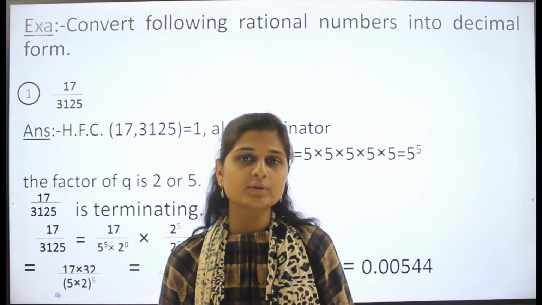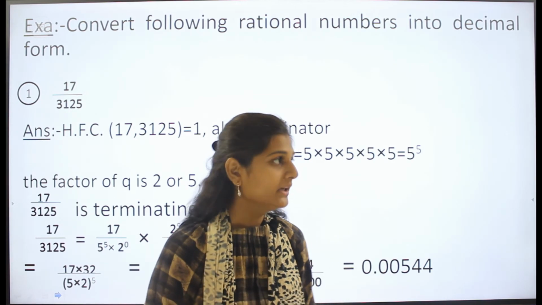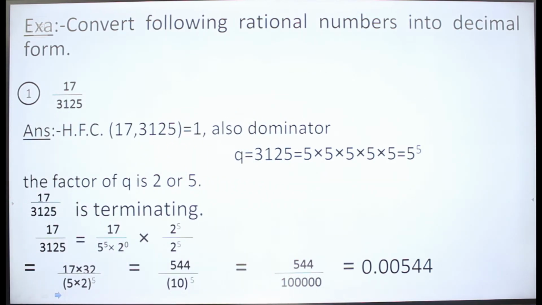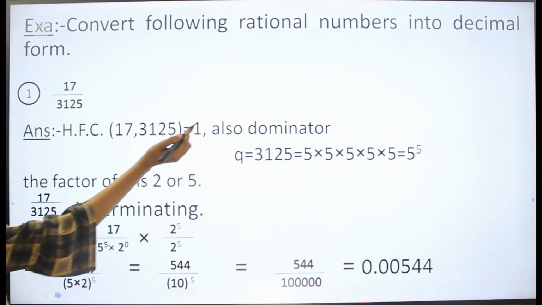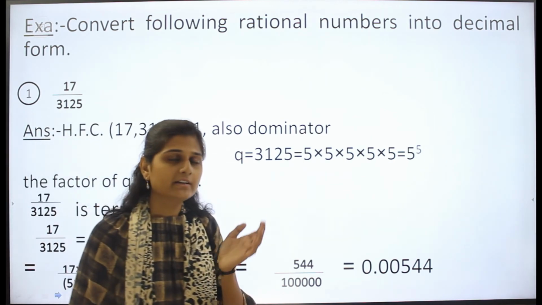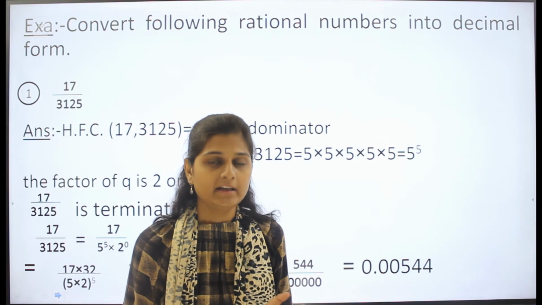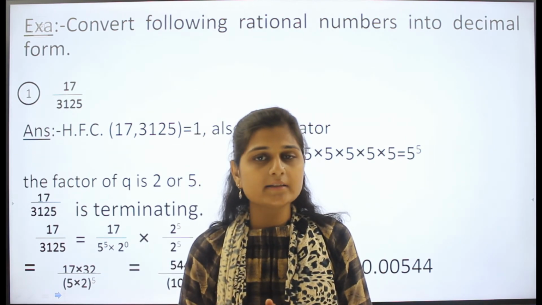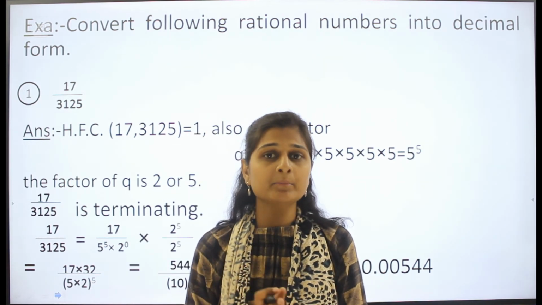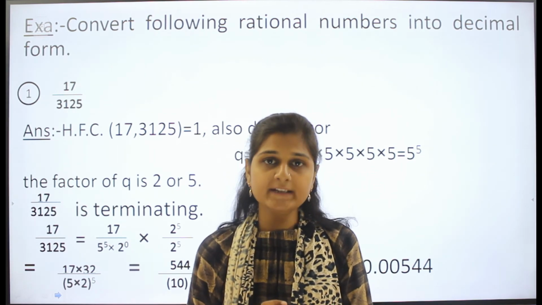So we are going through an example of how to apply that method. Here we have the question: convert the following rational number into decimal form. They can also ask to check whether the following number is terminating or non-terminating or non-repeating.